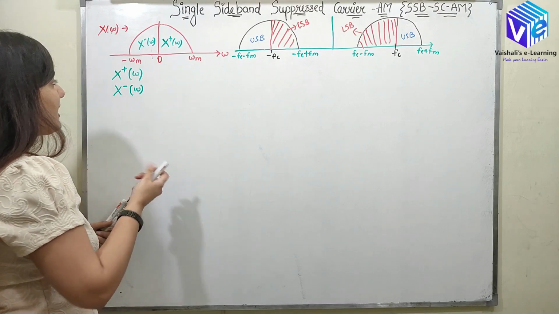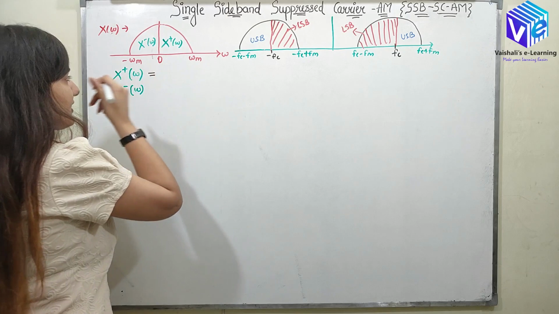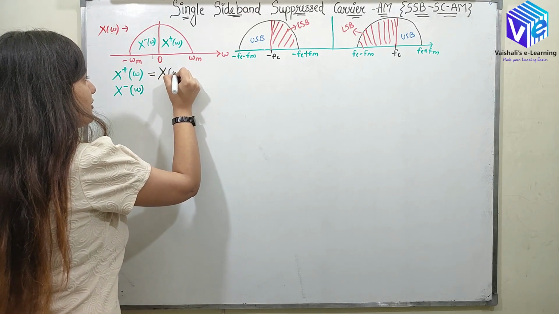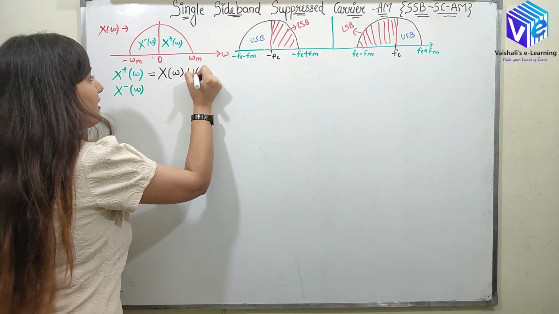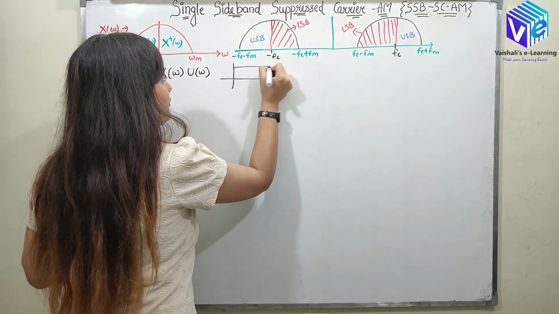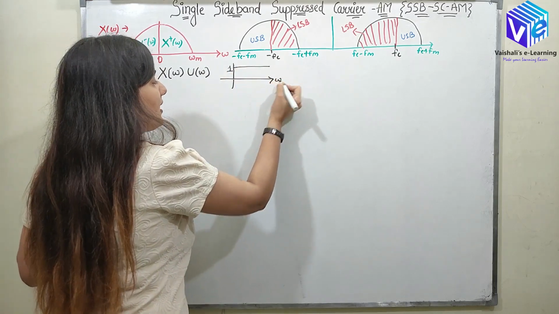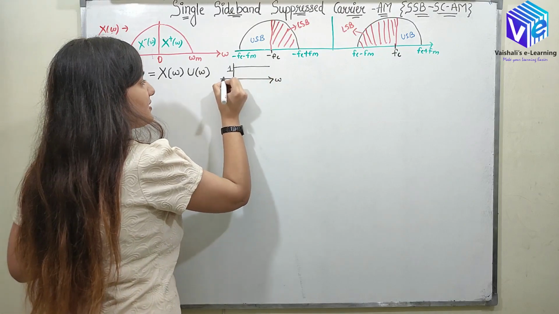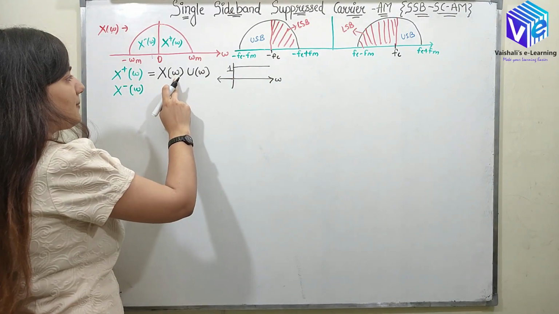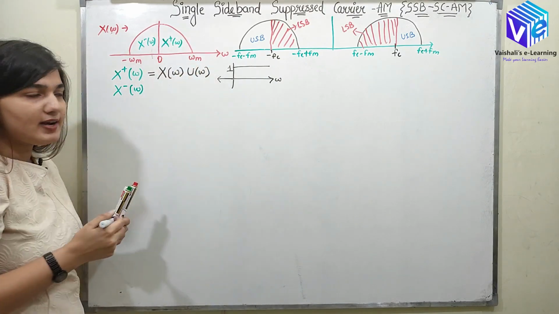So how can I represent X plus omega? I can use the unit step function. If I multiply X of omega with u of omega, I hope you remember what u of omega was. It is 1 for all values of omega greater than 0 and it is 0 for all values of omega less than 0. So if I multiply X of omega with u of omega, I get X plus of omega.